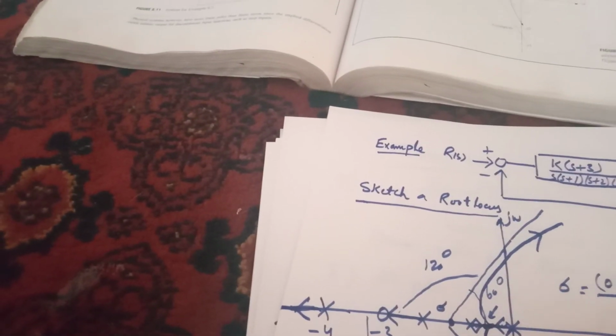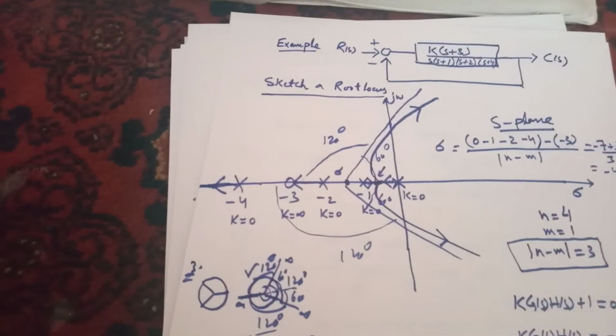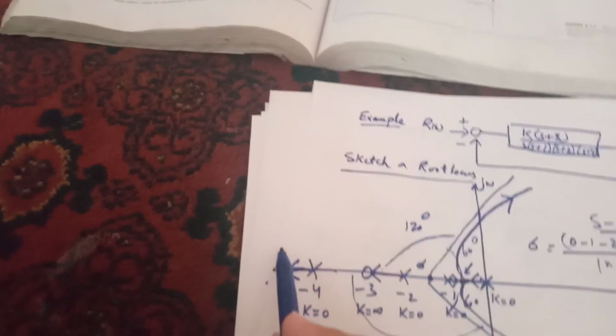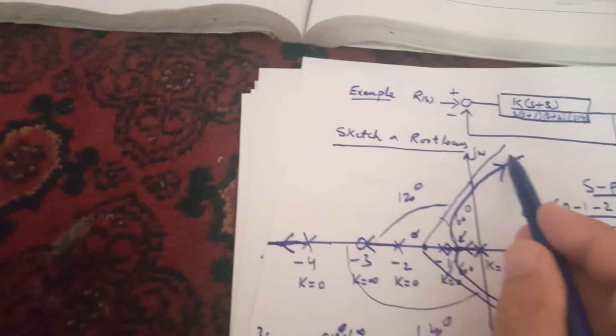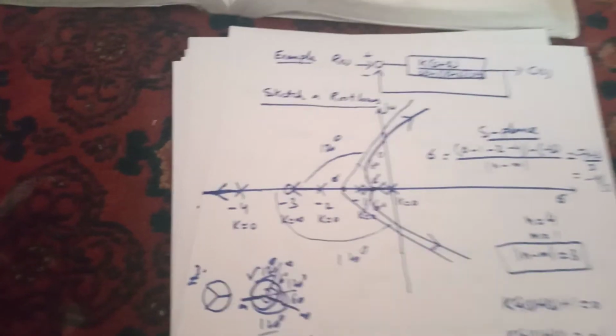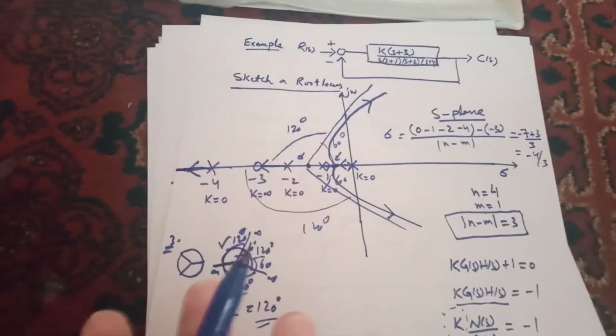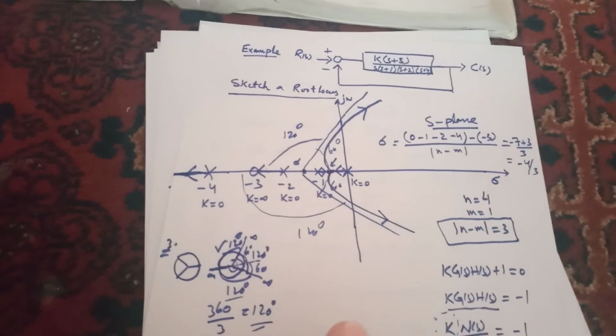Now the second branch comes from here and goes in this direction along the asymptote, and one is going in this direction. So this is one zero, this is the second zero at infinity, this is the third zero at infinity. So this is my whole plot of root locus. I easily plotted it without doing many calculations.